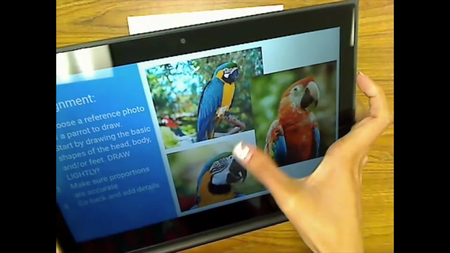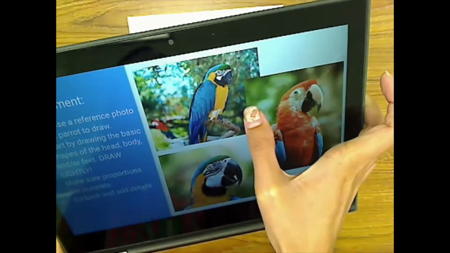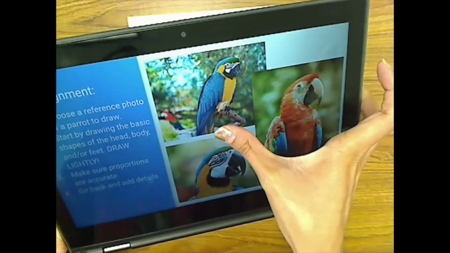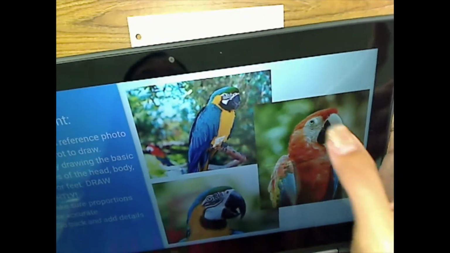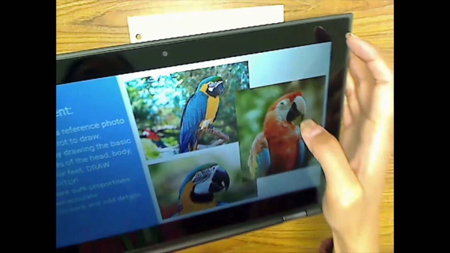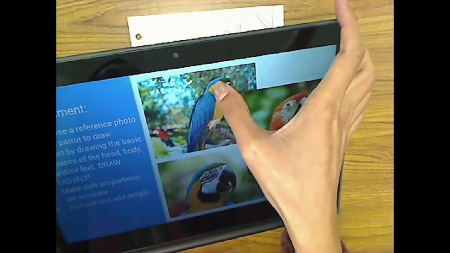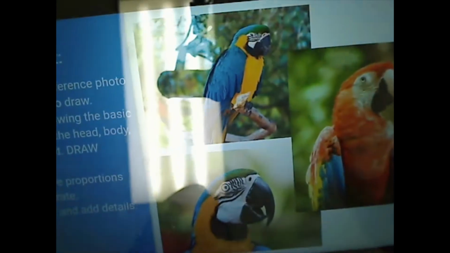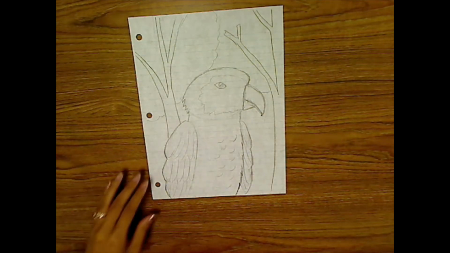You can see these 2 pictures on the top and bottom here. These parrots have a yellow body and they have blue wings. And it's hard to see here, but there's a little bit of green on the top of their heads. You can also see these parrots right here. They have stripes on their eyes. So it's up to you, once again, how you want to color your parrot.